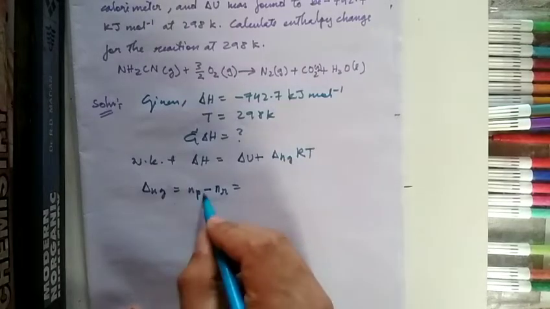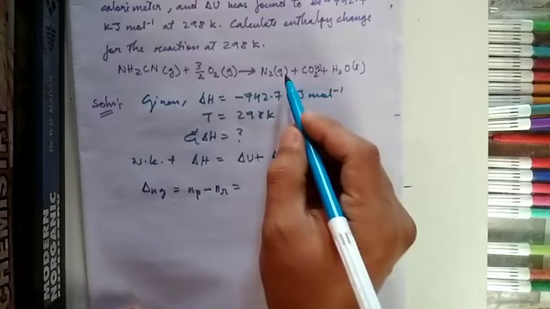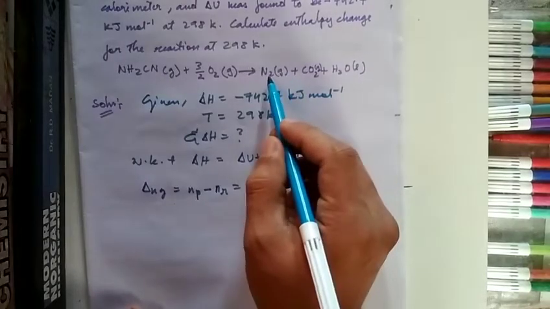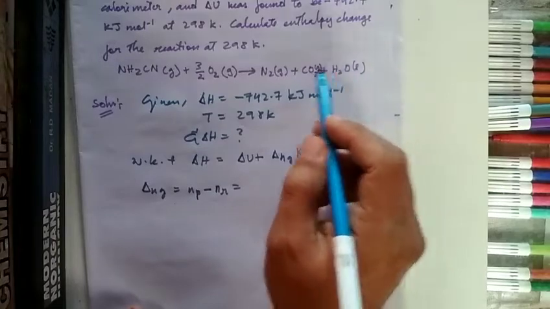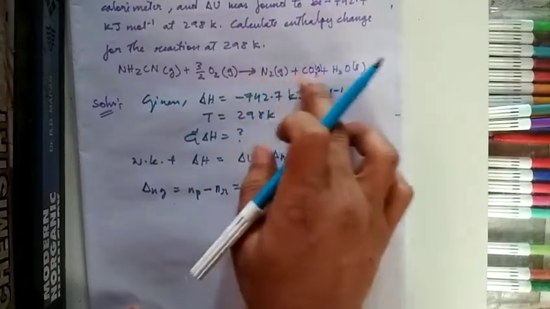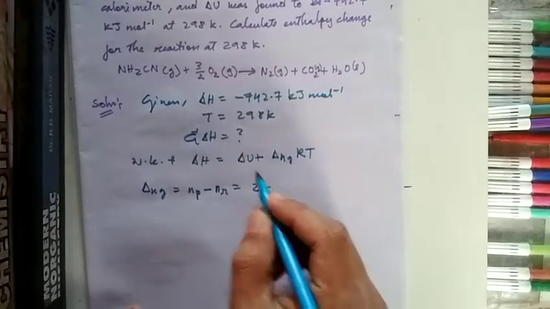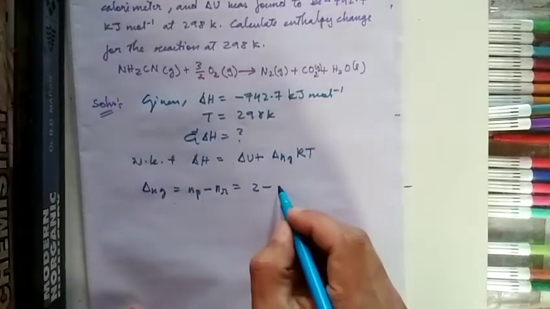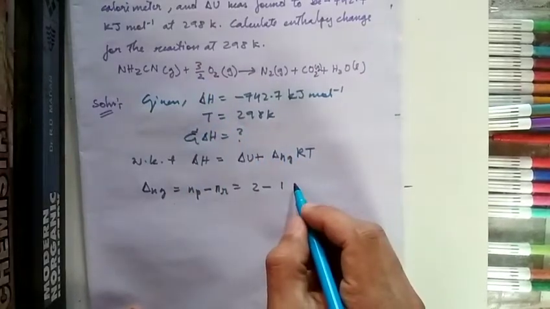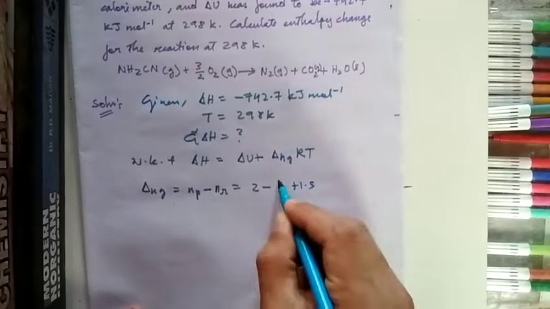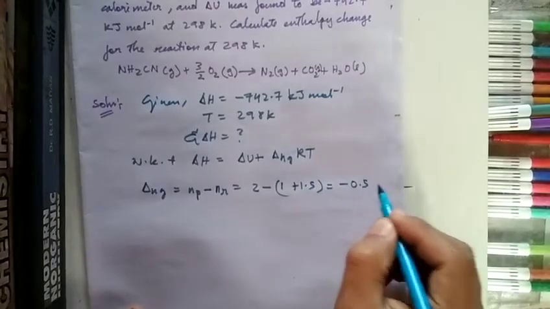This n represents the number of moles. In the product we will consider nitrogen and carbon dioxide; this one is liquid, so we are going to consider these two. So 1 plus 1, 2, minus 1.5, so what we will get is minus 0.5.